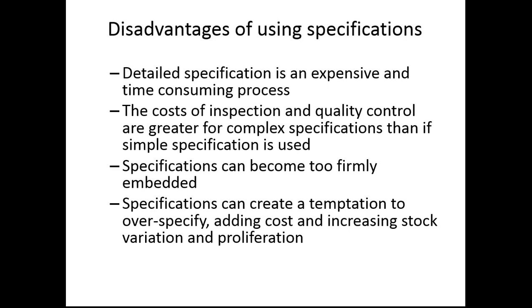The simpler the specification, the easier it is to control it. Sometimes in many organizations, specifications become so firmly embedded, people stop being innovative. And they find themselves far, far behind the advances and changes in the market.